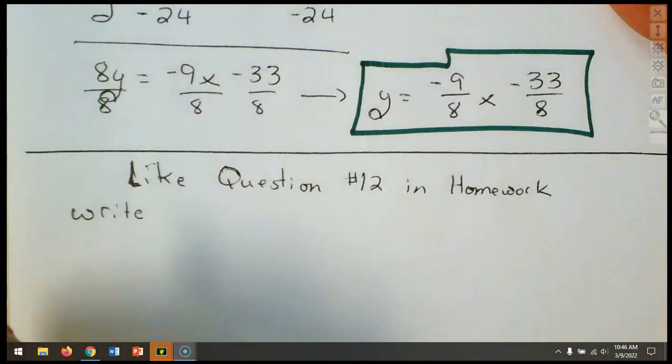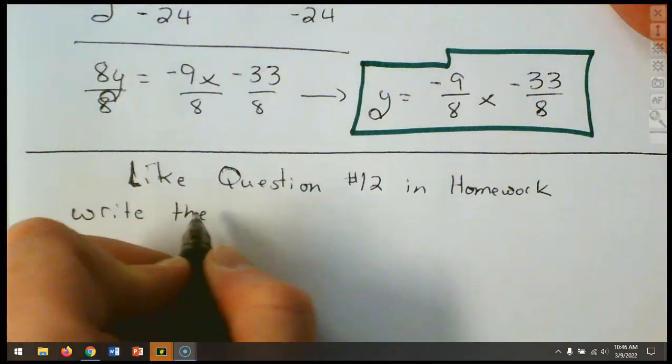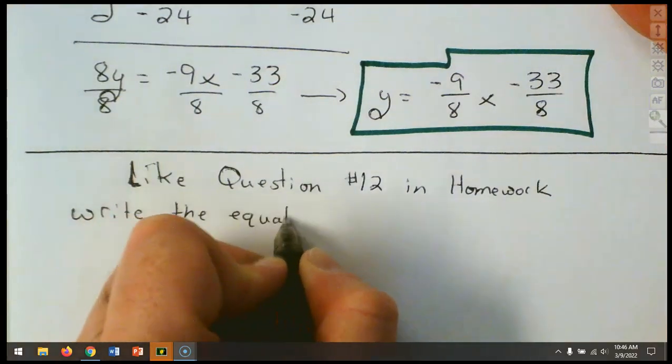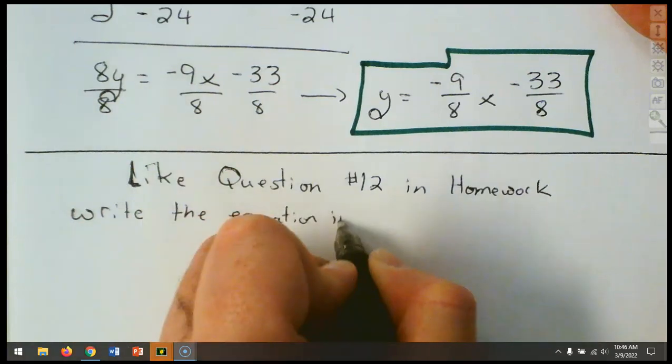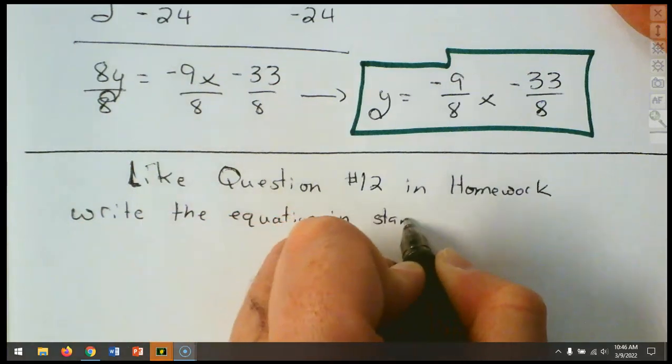So we're going to try and write the equation in standard form.